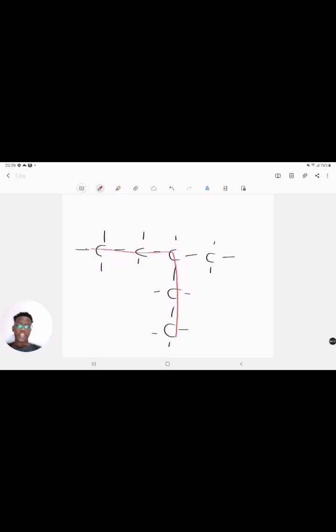Therefore, this is my parent chain in this compound, and this is a branch in the chain. By the branch, I mean it's just a compound that is attached to the parent chain. So the parent chain is the longest chain that is formed out of successive carbon atoms in the compound.